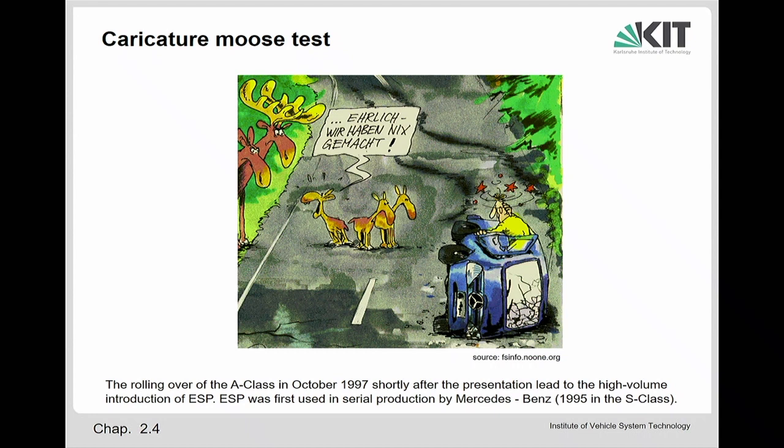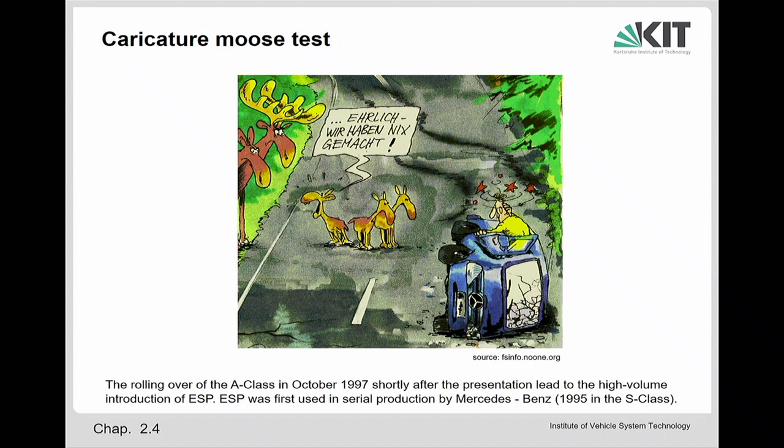So Daimler had to bring this ESP system into all models. And as a consequence, if Daimler is doing so, BMW needs to do it, Audi needs to do it, everybody needs to do it. So it was a super fast market introduction of a very, very good technology.